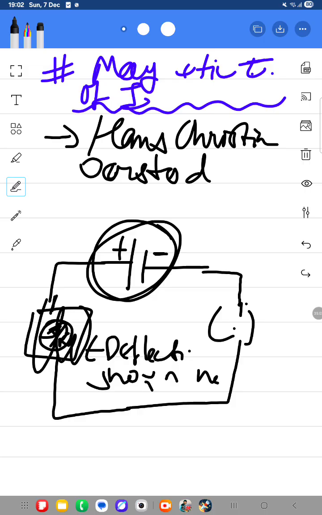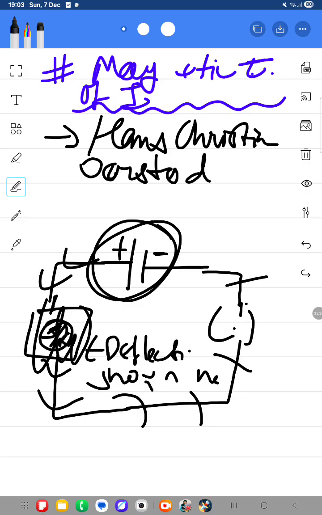He discovered that when we pass electricity through a circuit and wrap it around a magnetic compass, there is a deflection shown in the needle of the compass. It proved the magnetic effects of electric current, meaning when electricity is passed through a conductor, it shows some magnetic changes in the property of matter.